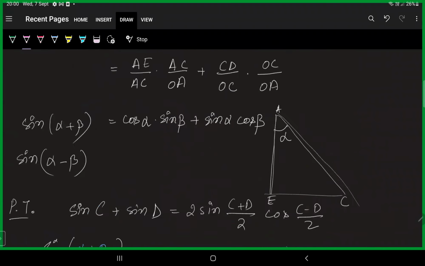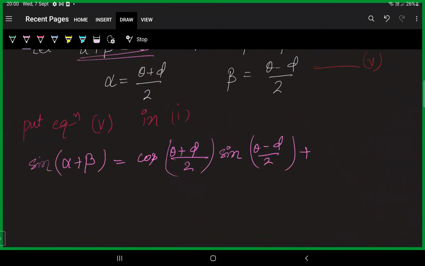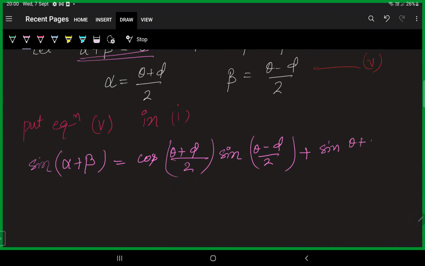Now sine alpha is theta plus pi by 2. No, something we are doing wrong here, because we need to find in terms of alpha and beta.